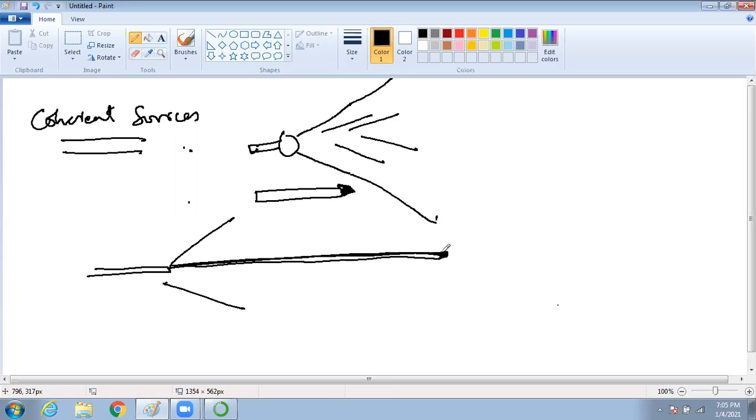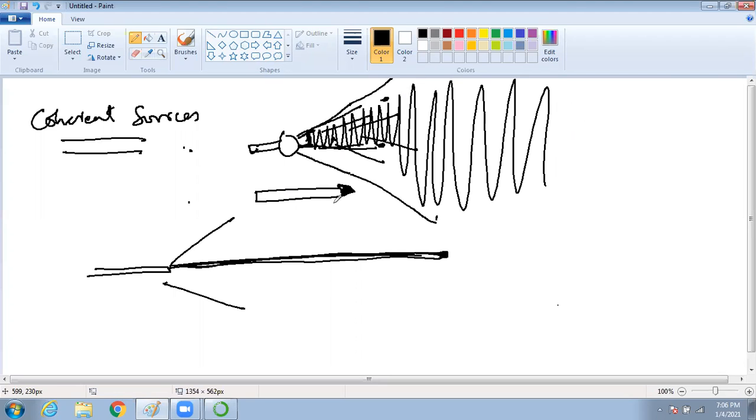You can focus it at any point. So what do you mean by that? It means that for this source, the beam here and the beam here have a path difference. The more you go towards this side, the path difference increases, and the intensity decreases.